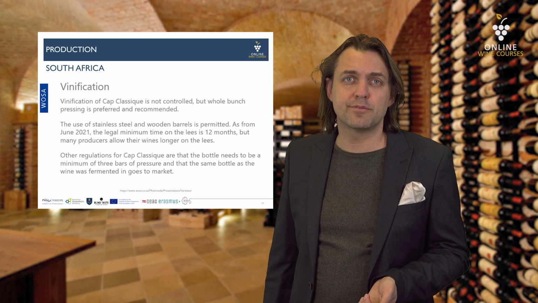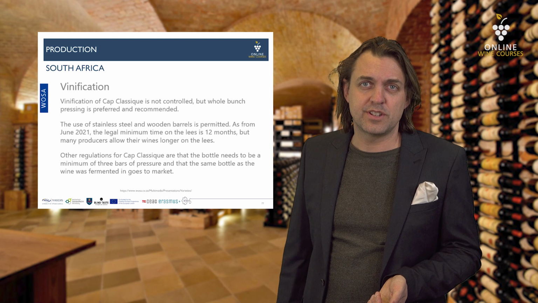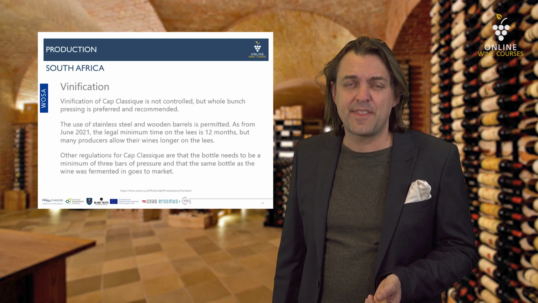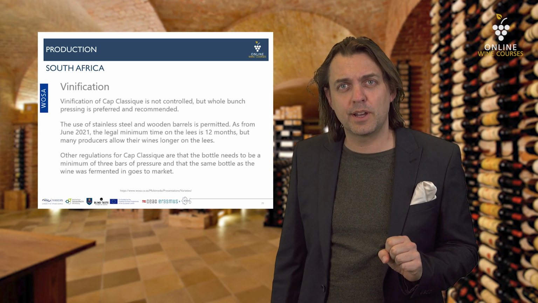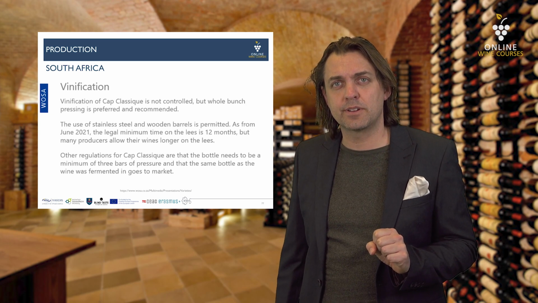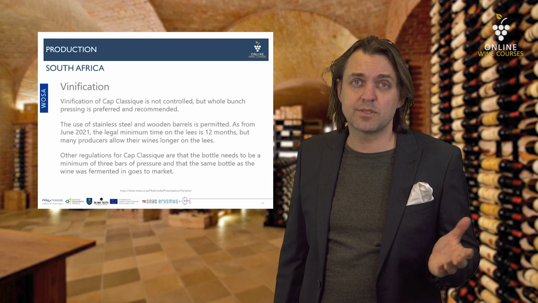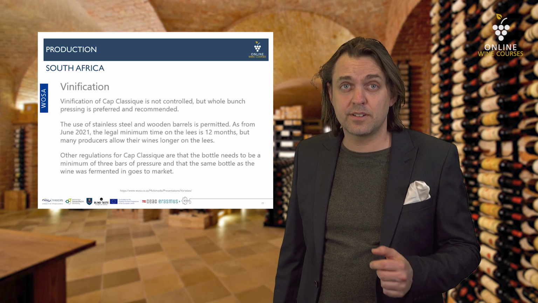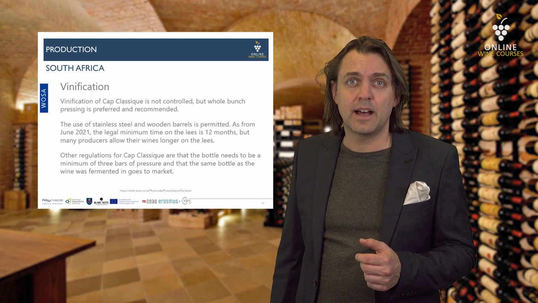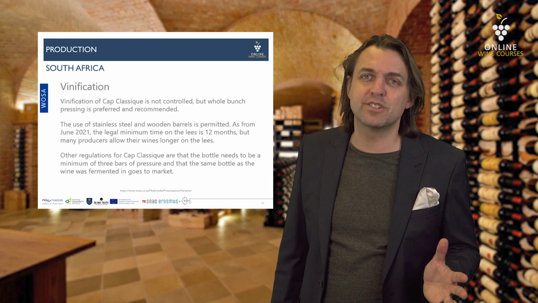And then a little bit of information about the vinification of Cap Classique, which is essentially, they've taken a lot out of the Crémant and the Champagne and the European sparkling wine production methods, if you like. So you have the use of stainless steel and wooden barrels as you would over here. But since June 2021, the legal minimum time is 12 months on the lees, but most producers did that anyway.